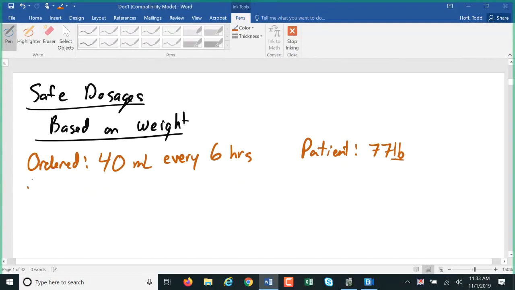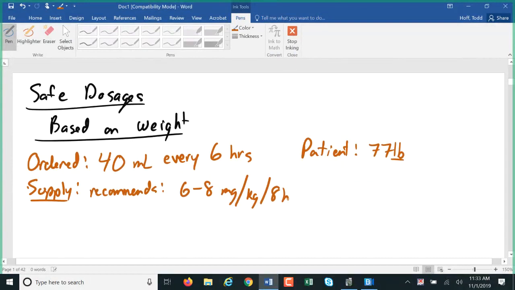Our supply label tells us that it recommends 6 to 8 milligrams per kilogram every 8 hours.